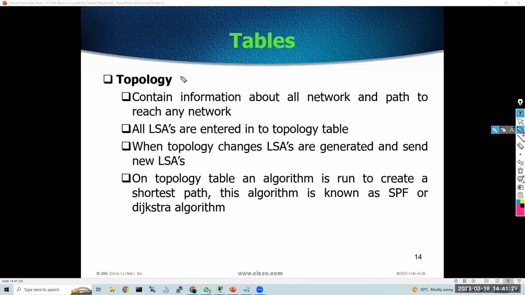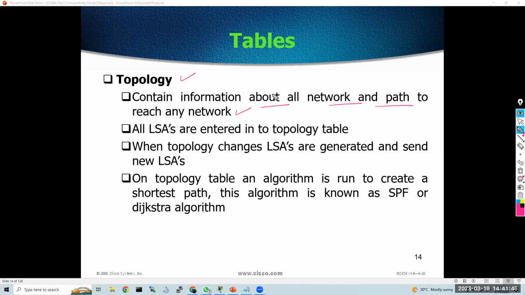See, what is a topology table? Topology means how many routers have been connected to your router. It contains information about all the networks and the paths to reach any network.